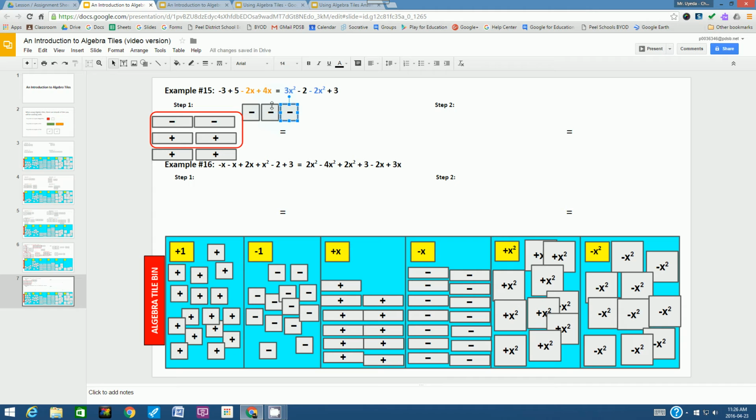So I've got my 3 negative tiles, and I'm going to add my 5 positive tiles. And I'm going to stack my last 2 positive tiles underneath because I recognize that there are 3 zero models created.